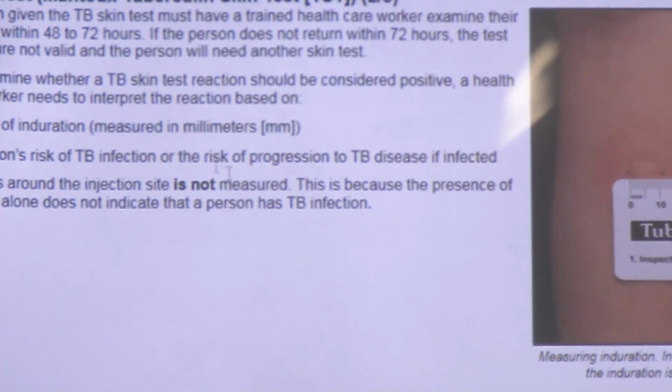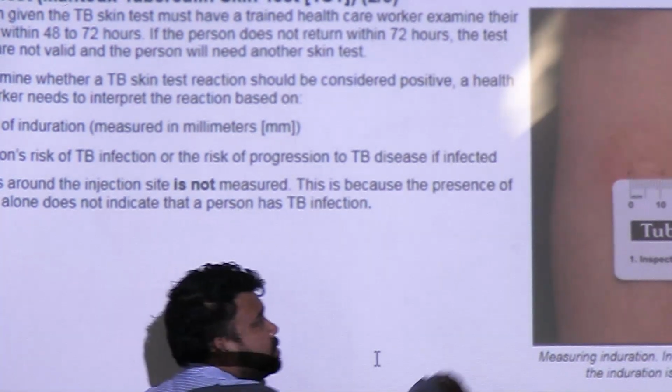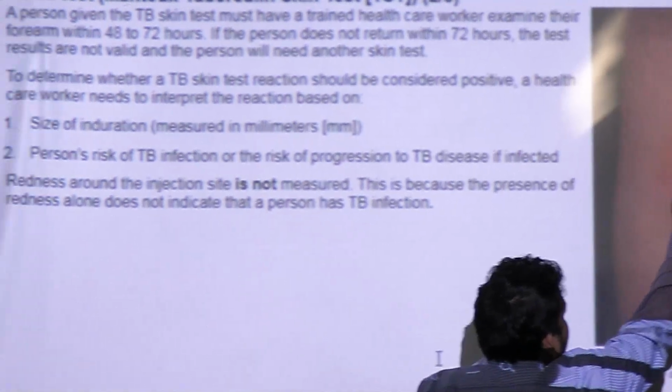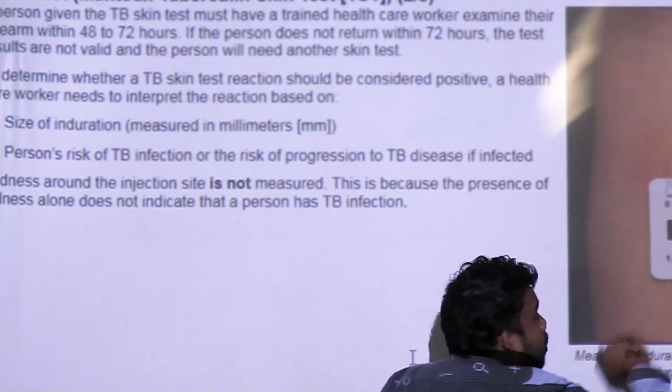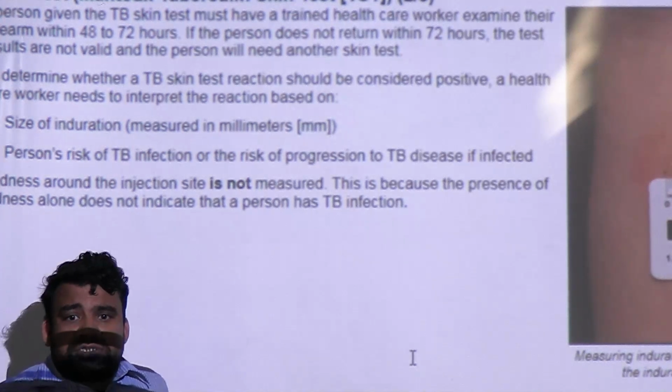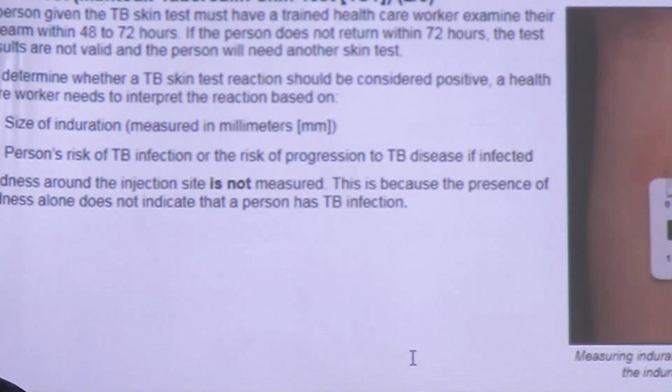After about 48 to 72 hours, we recall the patient, examine the site, and measure the size of induration. What is induration? It is the hard swelling. Sometimes we may find an inflammatory reaction around the induration. We may find reddish discoloration. We will not consider the reddish discoloration. We will only take into account the swelling part, that is the indurated part, and measure that.